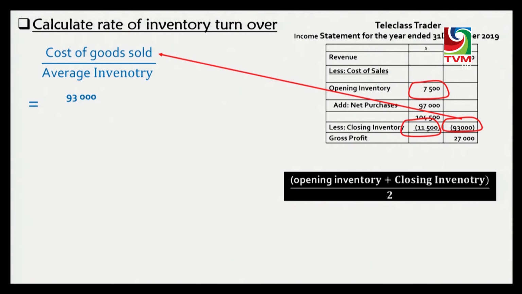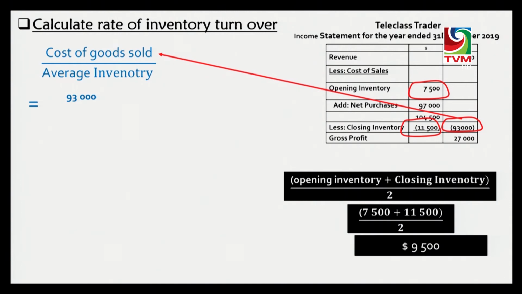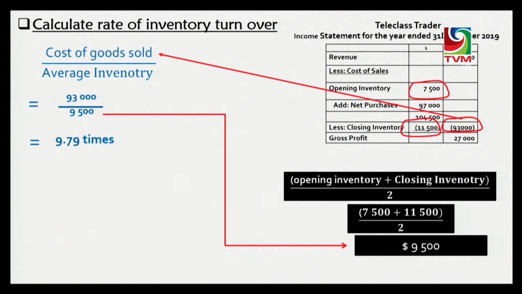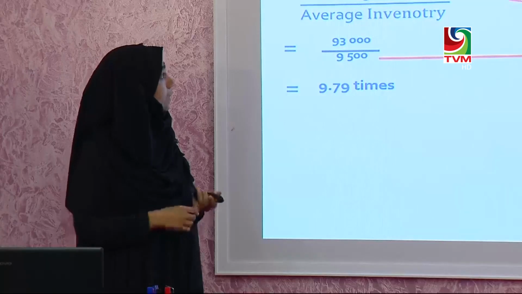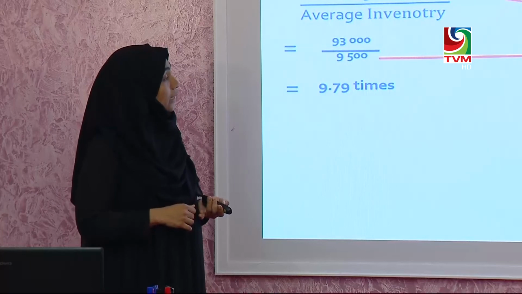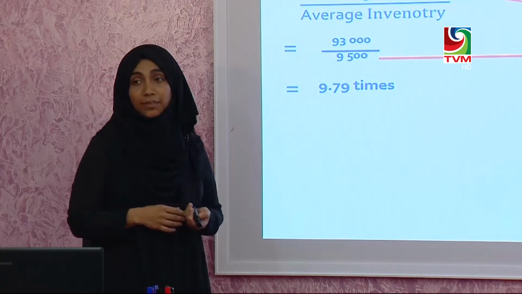In this question, opening inventory is 7,500 and closing inventory is 11,500. So average inventory is 7,500 plus 11,500 divided by 2, which is 9,500. 93,000 divided by 9,500 is equal to 9.7 times. So it means that Teleclass Trader was able to rotate their inventory within a year 9.7 times.